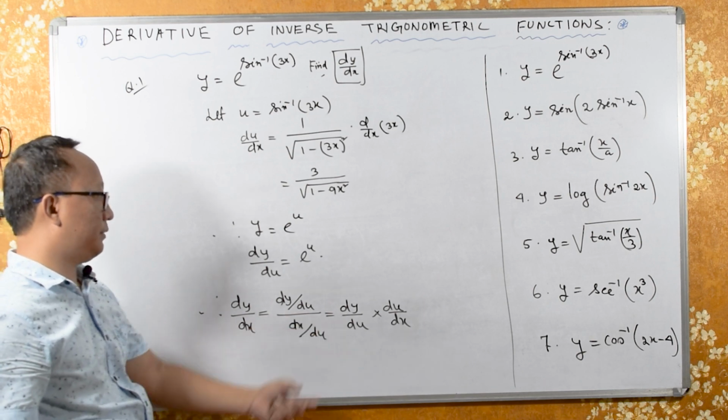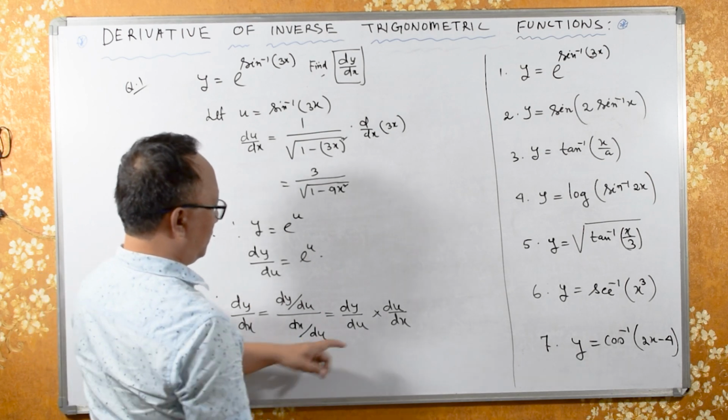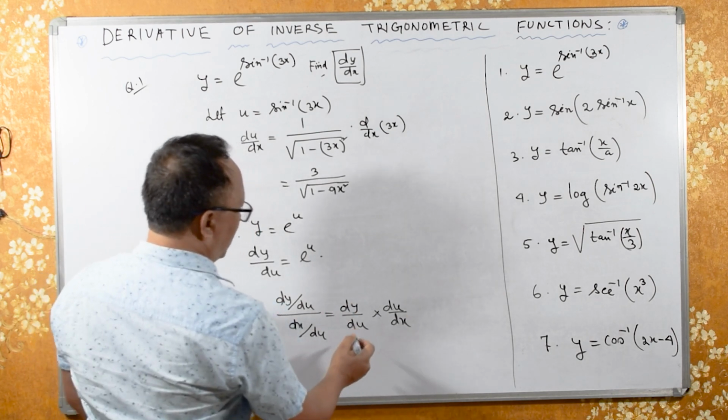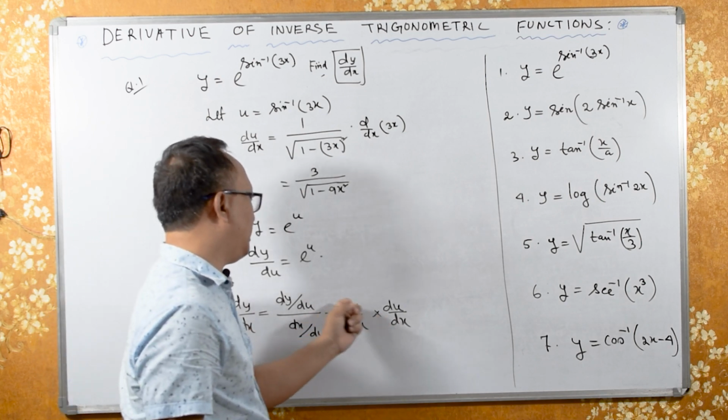You can write it like this, because du gets cancelled and it's the same as dy by dx.